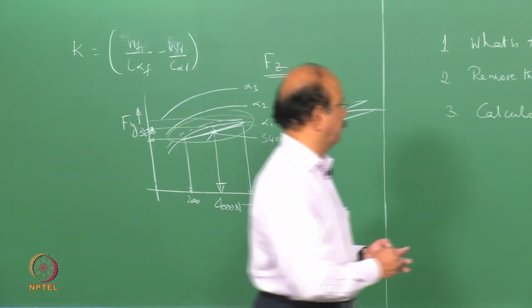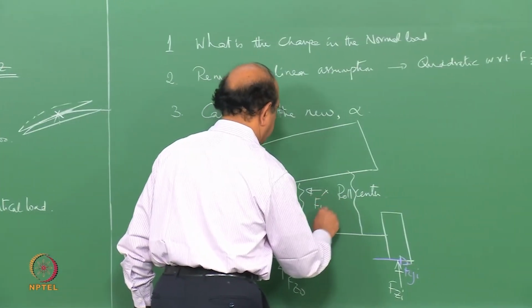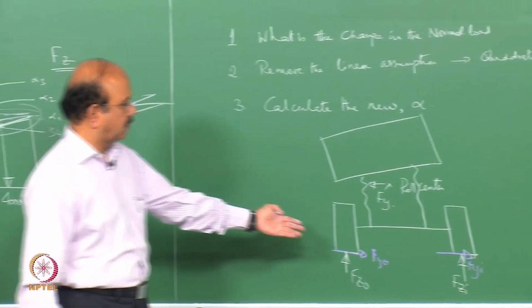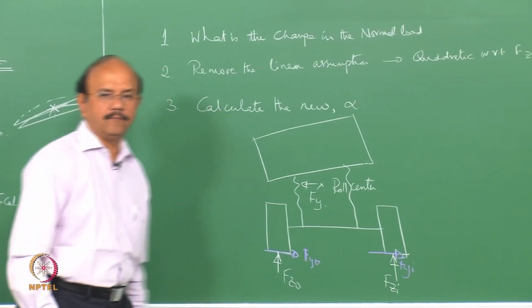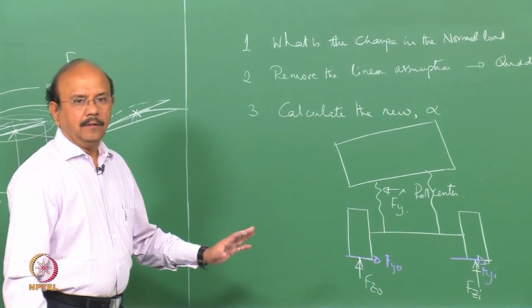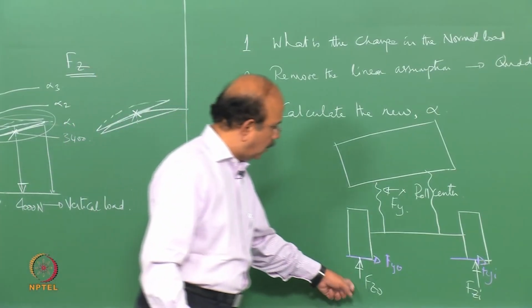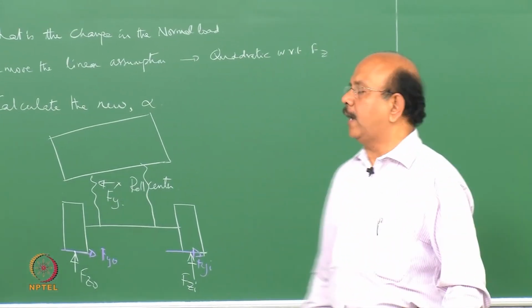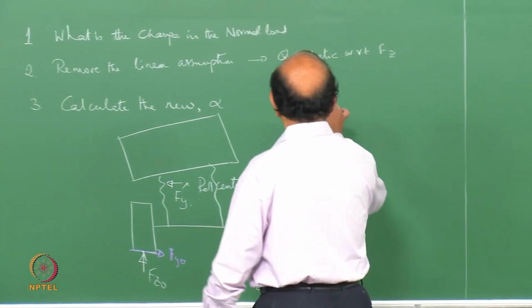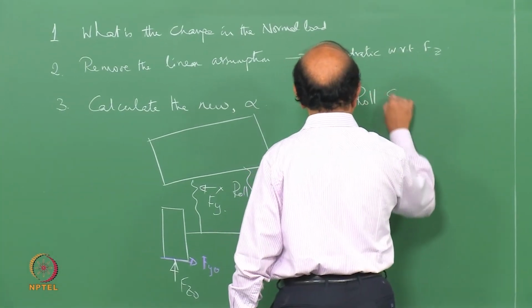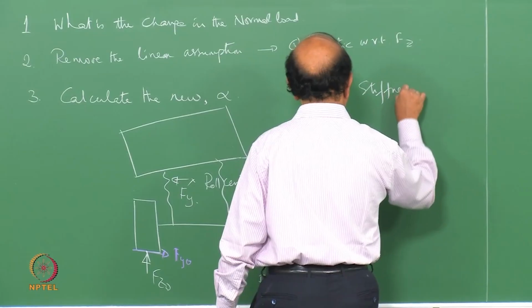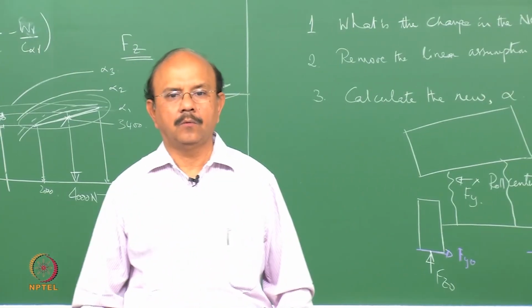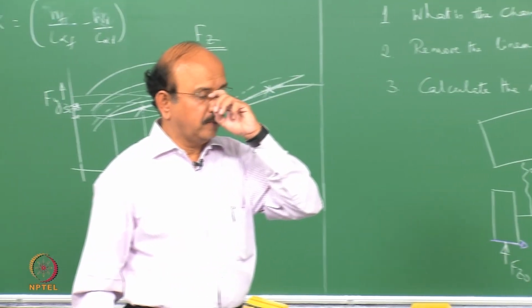So that would be the Fy. Of course, Fy is equal to Fy outer plus inner. So my job is to find out how does this vary. In order to do that, I have to look at what is called roll stiffness.